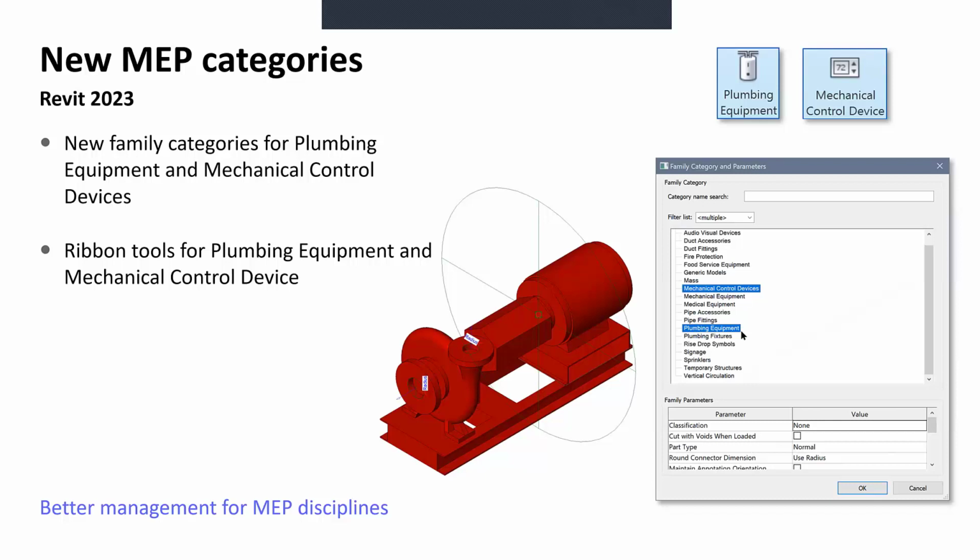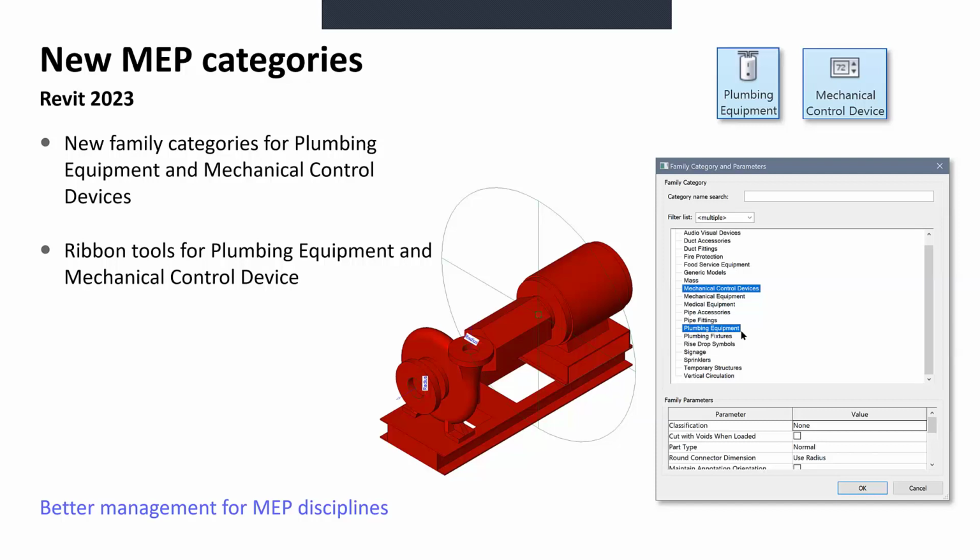There's also a new mechanical control device category for your thermostats, your humidistats, or temperature control devices. In the past I've used communication devices, or electrical fixtures, or whatever. You may have had to do some random workarounds to get that stuff to show up correctly. Now there are new categories.